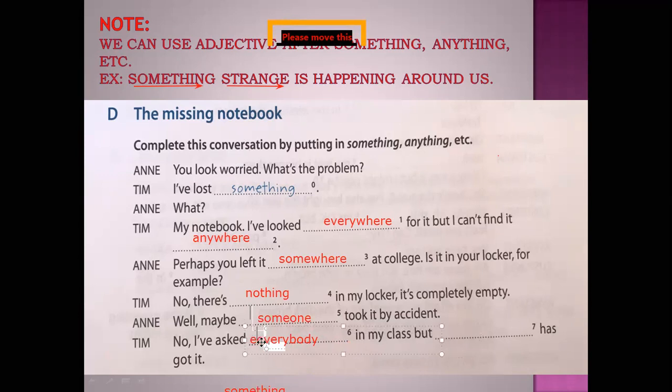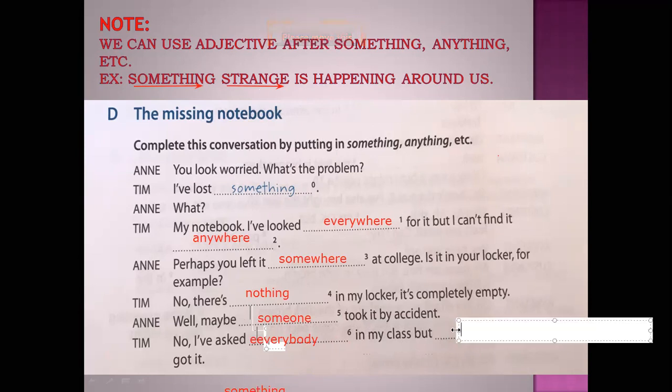Okay, so here. I have asked everybody in my class, but no one. Good, Hashem. It is nobody. Got it. Why is it nobody? Why is it not somebody?